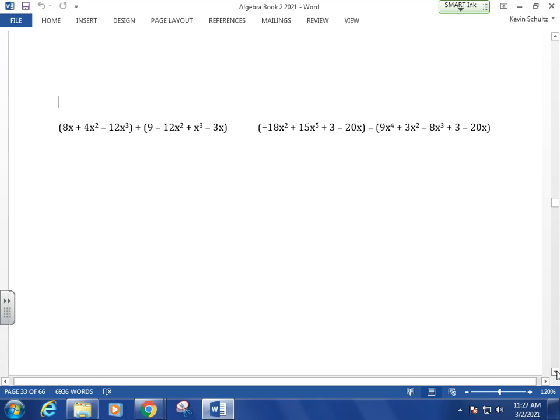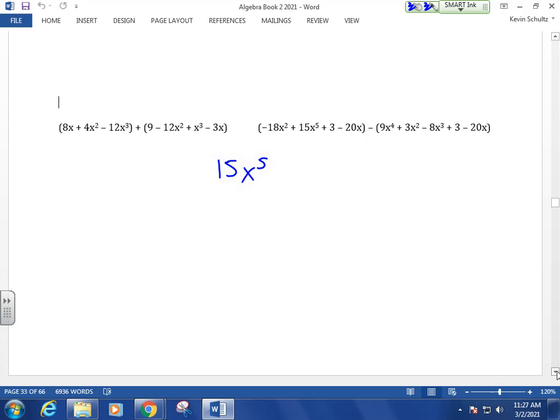All right. So this is not only not written in standard form for us, but we also have a whole bunch of missing terms here. We are subtracting, so that first expression needs to be on top. And I notice I've got a 15x to the 5th. That's my highest power, so that goes first. I don't have an x to the 4th, but I do in my second one, so I need to leave a space for that.